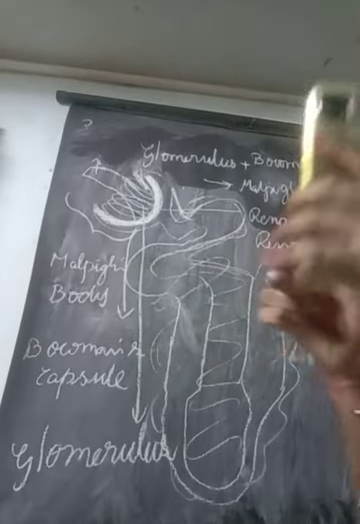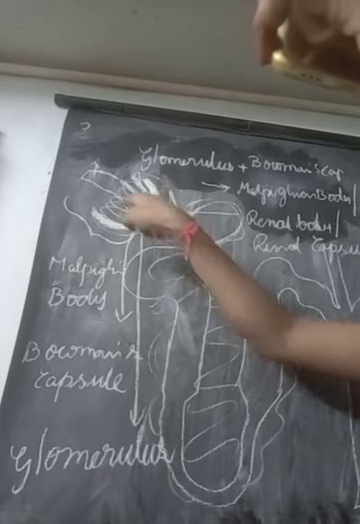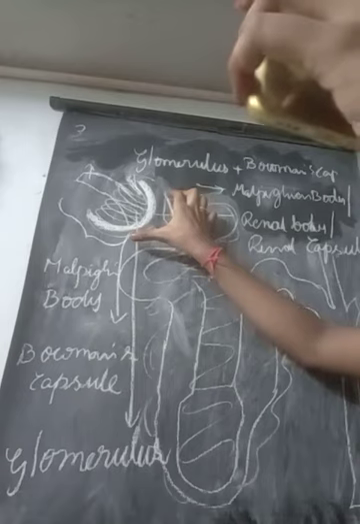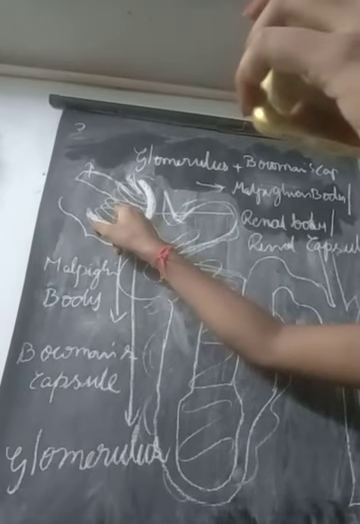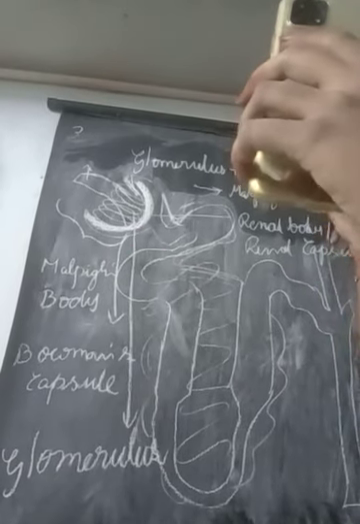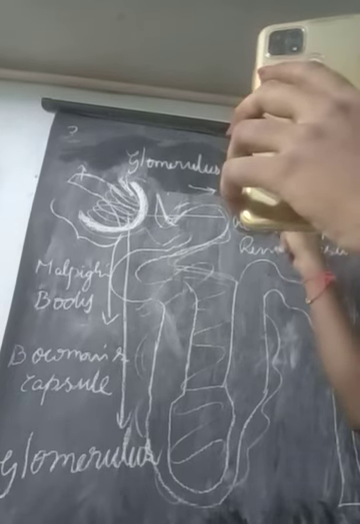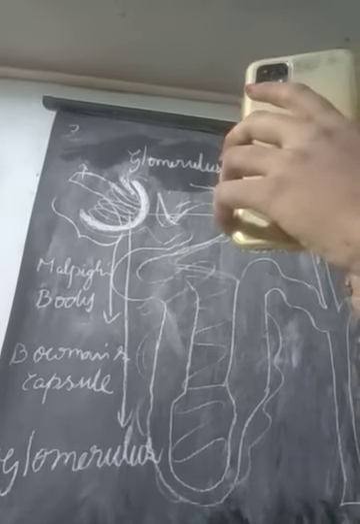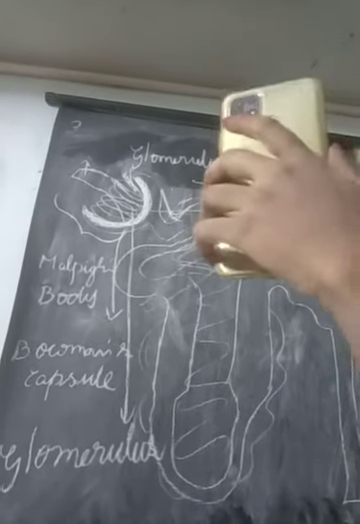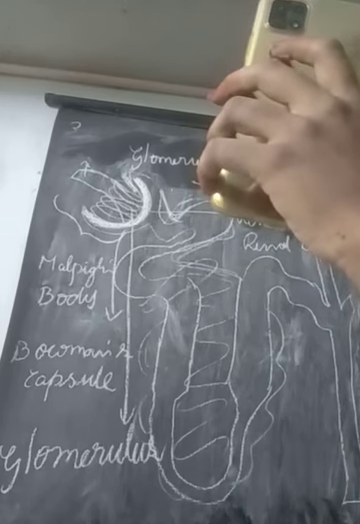Nothing, Nana. This bunch is called glomerulus. This cup is called Bowman's capsule. This glomerulus and the Bowman's capsule together are called the Malpighian body, or we have given another name, renal body or renal capsule. All words have the same meaning. Did you understand? Yes, teacher.